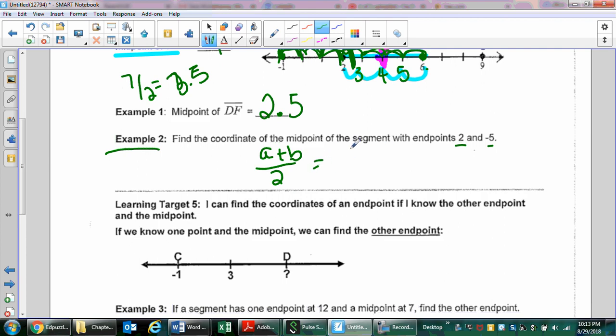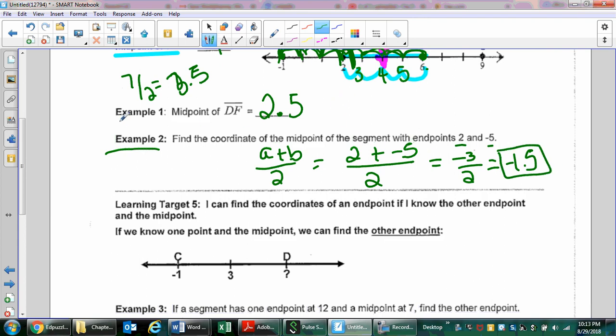So to find the distance, I'll just say A is 2, B is -5, whatever that number is, I will divide it by 2. That would give me the answer. So 2 plus -5 is -3, divided by 2 is, if you want to write it in decimal, you can put -1.5.